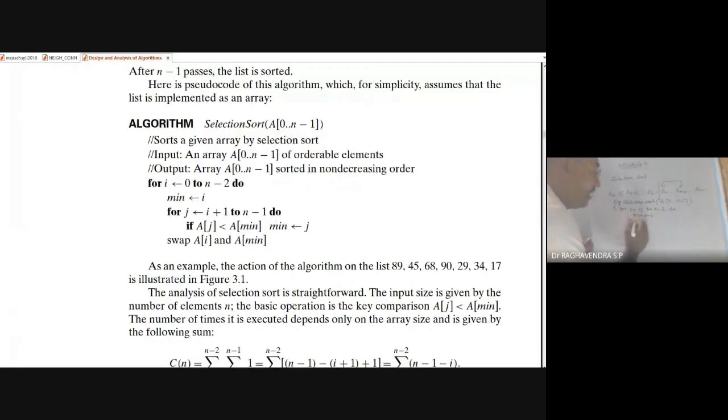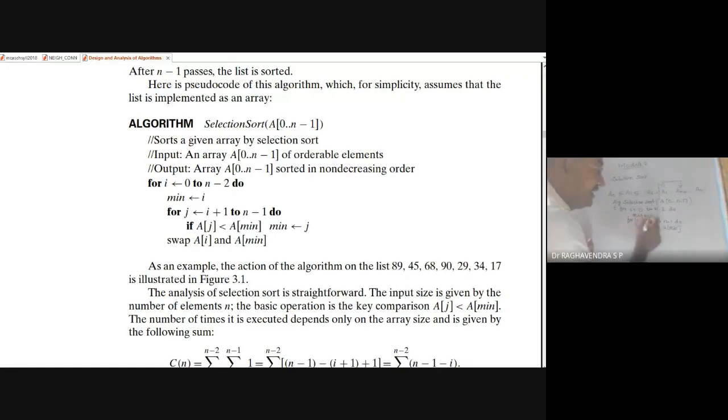Then we have a for loop here: for j equals i plus 1 to n minus 1 do. So this is the second for loop. Then we have a conditional statement here: if A of j is less than A of min, then you have to change the value of min.